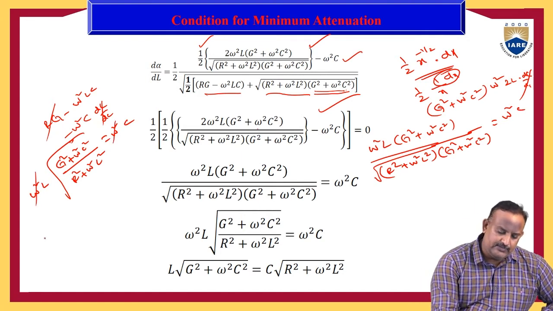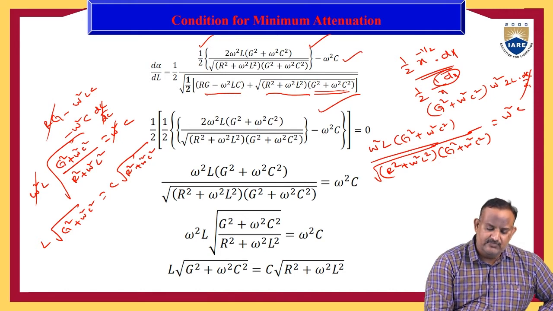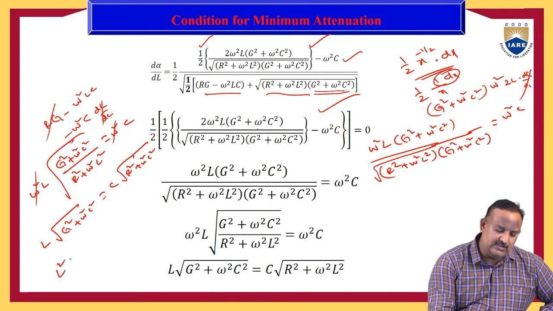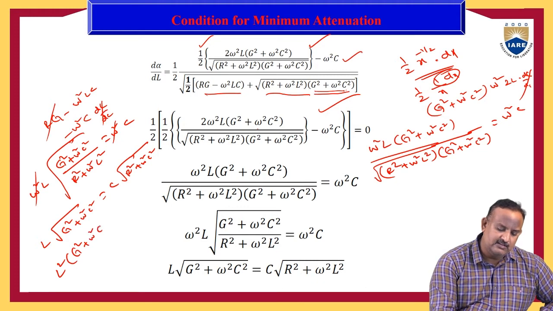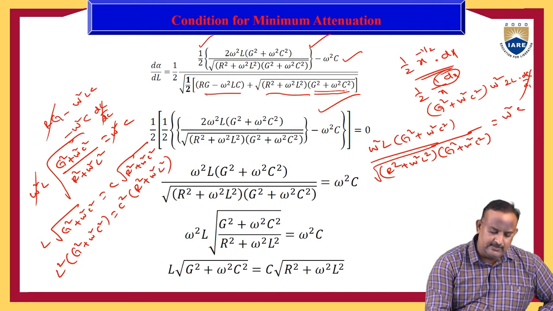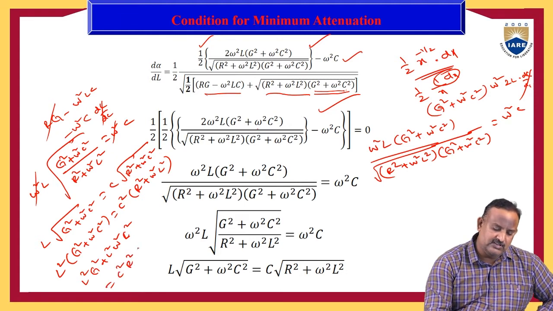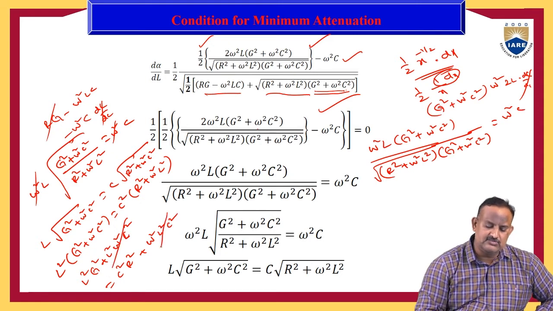Therefore we have L into root of G square plus omega square C square equal to C into root of R square plus omega square L square. Squaring on both sides, L square into G square plus omega square C square is equal to C square into R square plus omega square L square. If you simplify, L square G square plus L square omega square C square is equal to C square R square plus omega square L square C square. Omega square L square C square cancels on both sides.